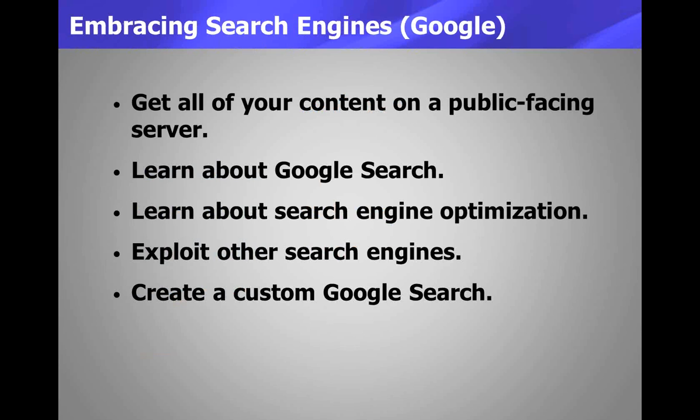And then one thing that I think is maybe the most important way to help people find your user assistance information is to embrace Google and search engines more broadly.